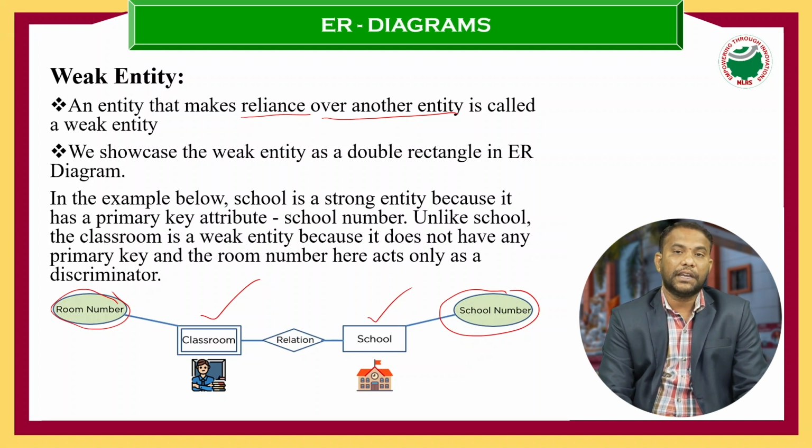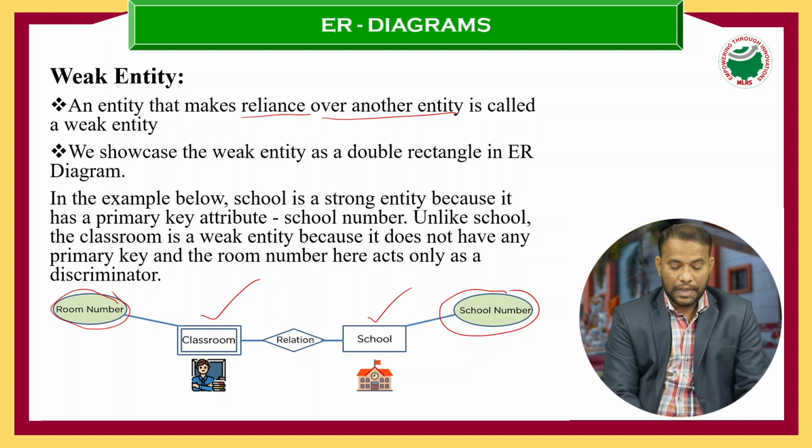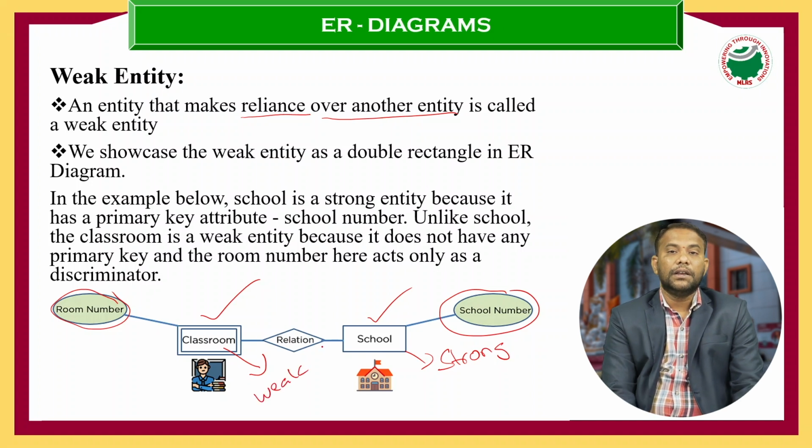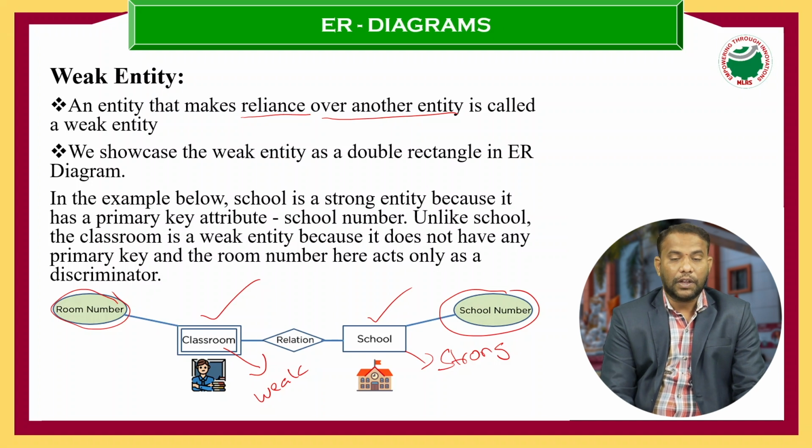When there is no primary key for the entity, we call it a weak entity. So school is the strong entity, and classroom is a weak entity, which does not have any primary key.